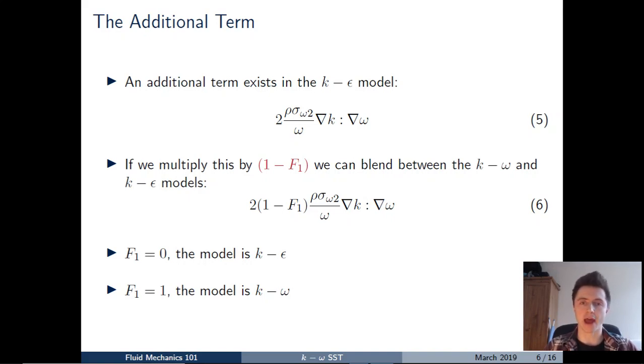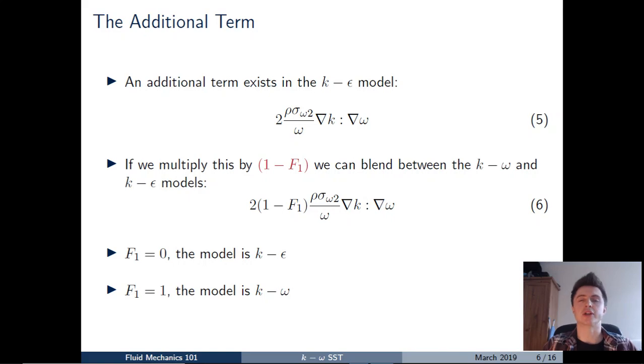That F1 there is just a blending function which can take any value between 0 and 1, and if our F1 has a value of 0, then that additional term exists as you see in equation 5, and the dissipation rate equation is the same as the K-epsilon model. However, if we assign this blending function F1 a value of 1, then we can see that that additional term in equation 6 will disappear, it will be equal to 0, and our dissipation rate equation will reduce back to the standard K-omega model.